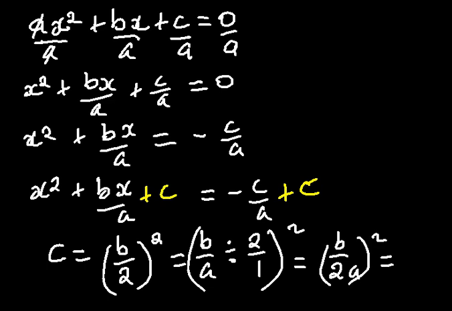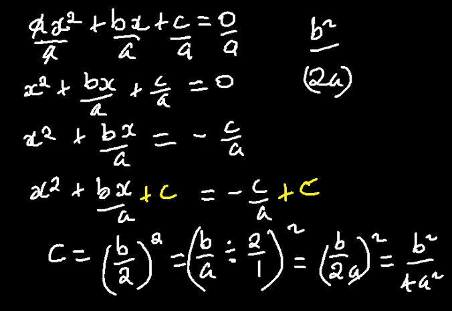Of course, this is the same as b squared over 4a squared, because b squared over 2a to the power 2 is the same as b squared over 4a squared. That's why we are at that point.